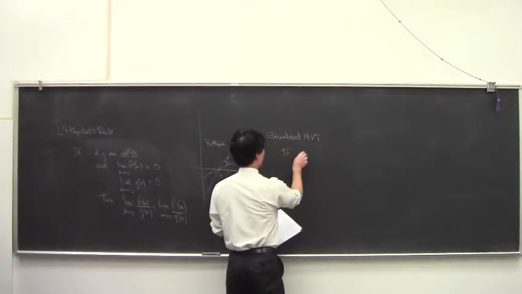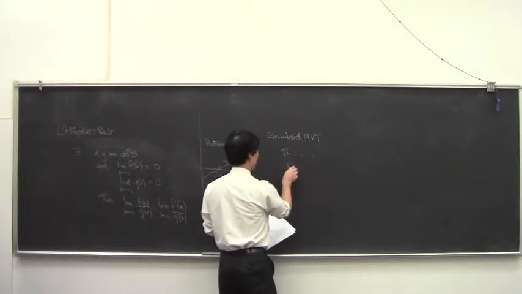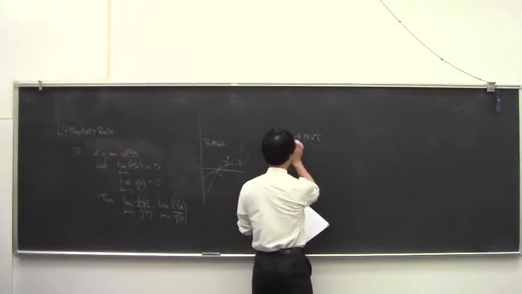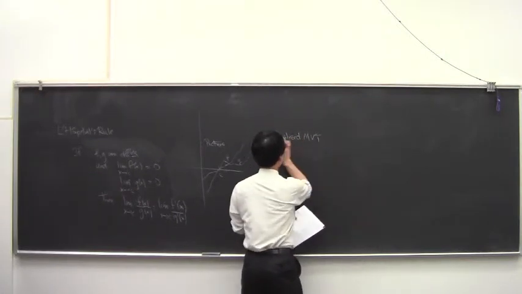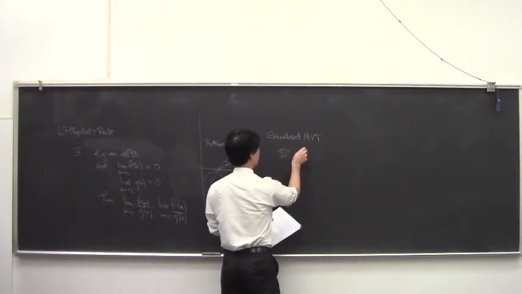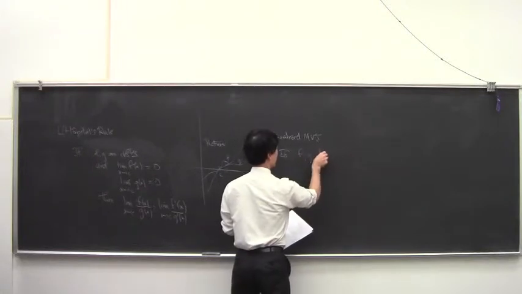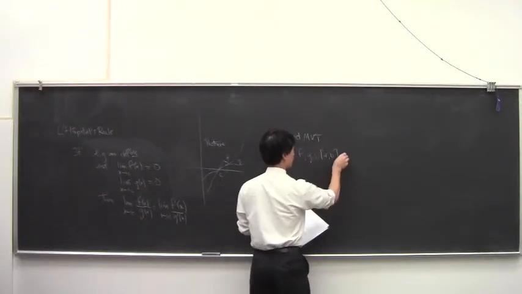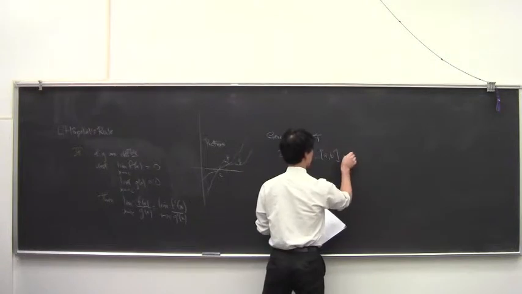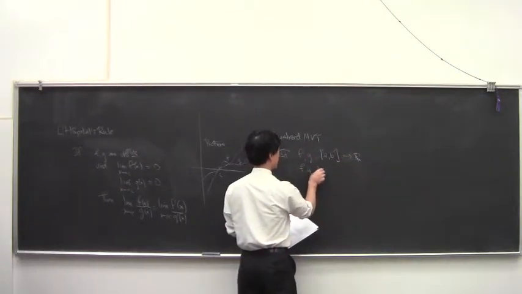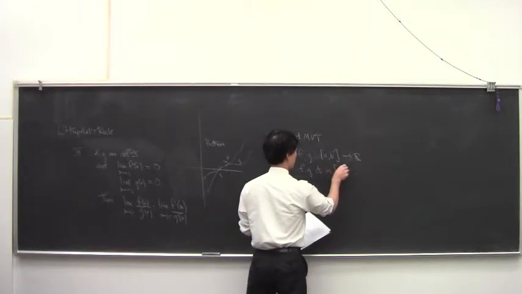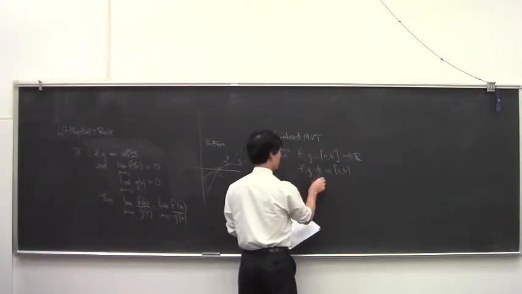It says this, under certain conditions. So you have two functions, f and g, on [a, b], and they're both continuous on the closed interval and differentiable on the inside, as usual.